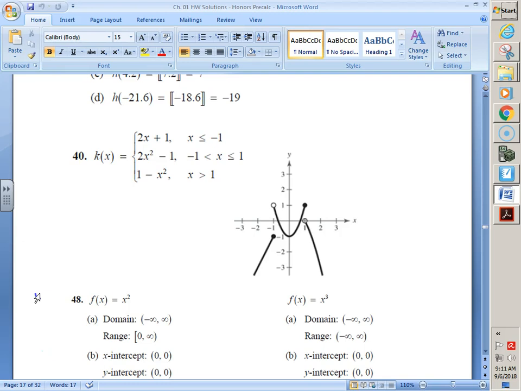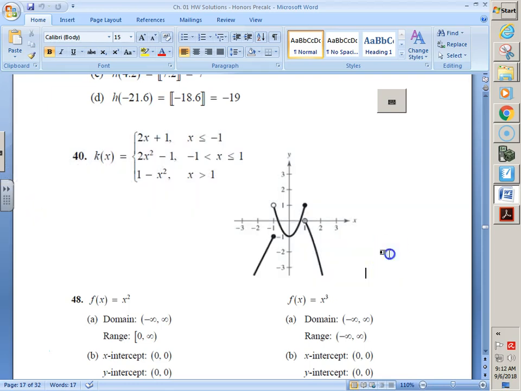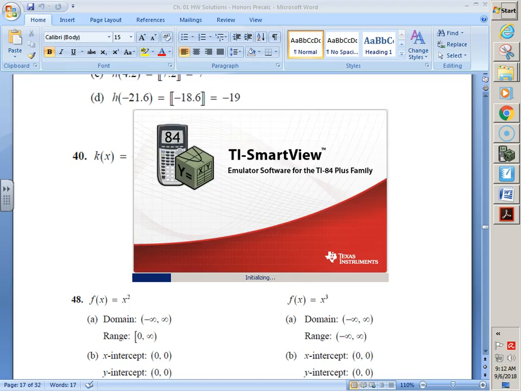Okay, but technically, was this a problem to be done by hand or by calculator? Okay, so is it good to review and remember how you could use your calculator to do this? Yes. Can you guys remind me really fast? I'm not going to type it all in, but how do you take something like this and put it in your calculator? How many y equals are you going to have to use? 3, good, because there are 3 different pieces.